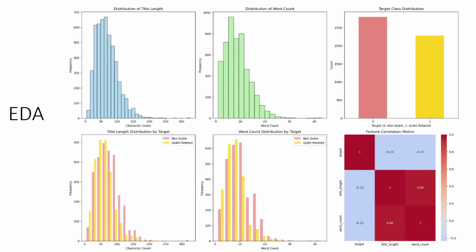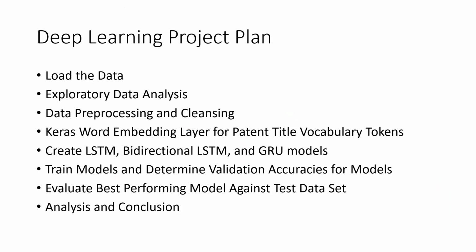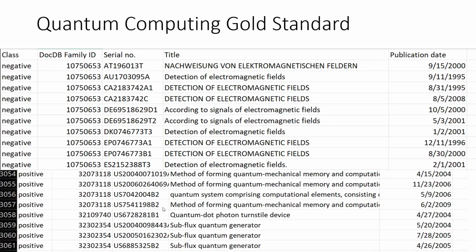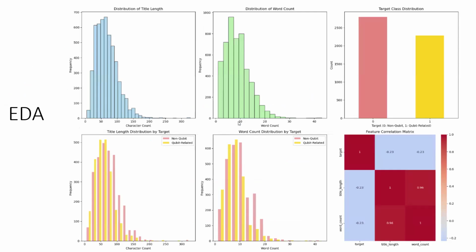If we look back at my very brief description here, I have some titles like Subflux Quantum Generator describing a hardware device. It's just 4 words. Whereas I have some titles like According to Signals of Electromagnetic Fields, a slightly longer title. But really, if we look at it anecdotally, the words and characters look pretty similar here. But again, we're dealing with a whole data set of 5,000 titles, not just the short 20 titles I popped up on that screen.